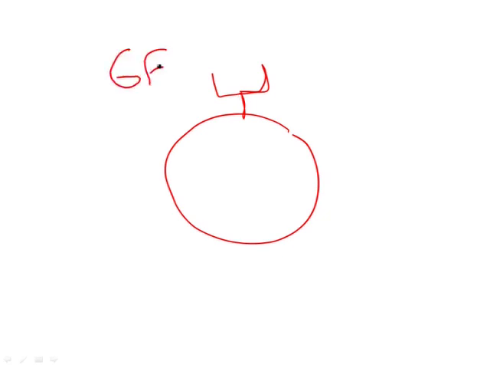Let's pretend that this is a cell, and this cell has a growth factor receptor on its surface. Now, when this cell needs to divide, either because it's constantly turning over or because there is some sort of repair or regeneration, growth factor comes in and binds the growth factor receptor.